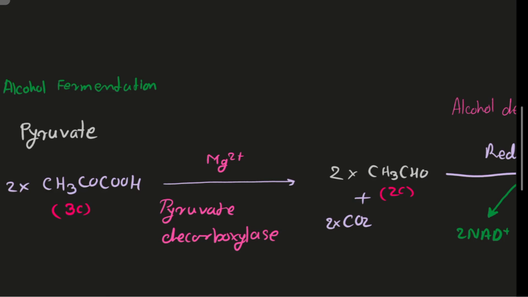If we see alcohol fermentation, the pyruvate or pyruvic acid, which has the formula CH3COCOOH, a 3 carbon compound, 2 pyruvic acid, in presence of Mg2+ and pyruvate decarboxylase, we get 2 molecules of carbon dioxide and 2 molecules of a 2 carbon compound, CH3CHO.